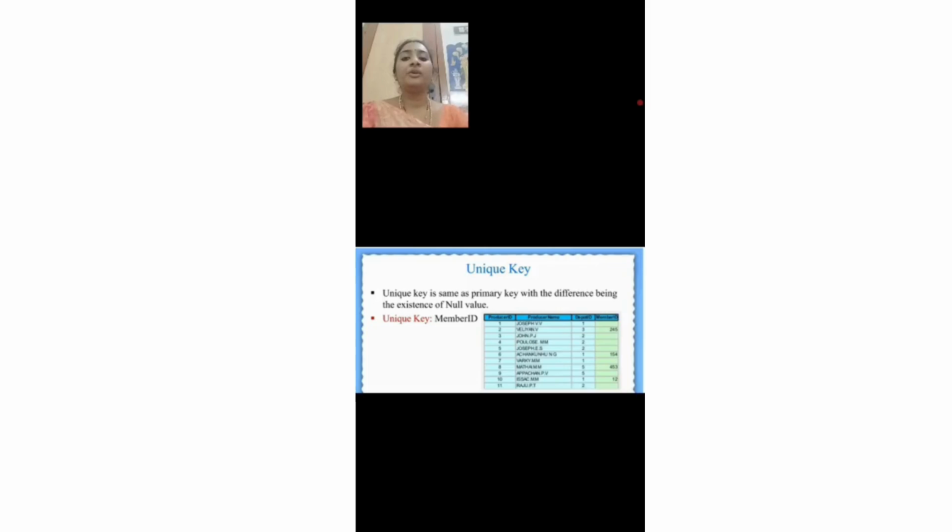Unique key. A unique key is the same as a primary key, with the difference being the existence of a null value. Here there can be a null value. For example, take a list of all staff members, where some staff members hold the topmost positions. For those, they are represented by a member ID.